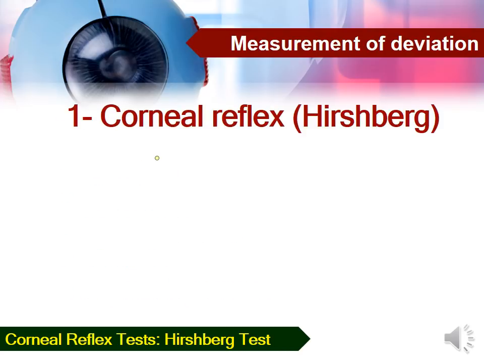The Hirschberg test is the most basic test to measure the angle of deviation. It is based on the assumption that when we hold a flash of light in front of a person, the reflex of the light on the cornea should be on the center of the pupil of both eyes if the eyes are straight or orthotropic. If the eye deviates, the light reflex will shift from the center of the pupil.